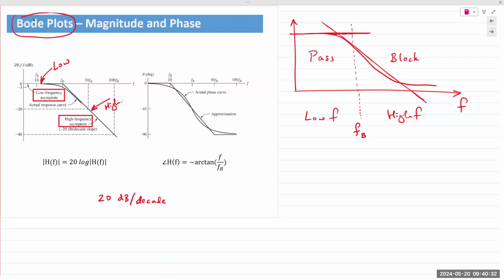So for a first order filter, that slope is always 20. For a second order filter, that slope is 40. Third order is 60, and so on and so forth. So the sharper the slope, the better the performance of your filter.